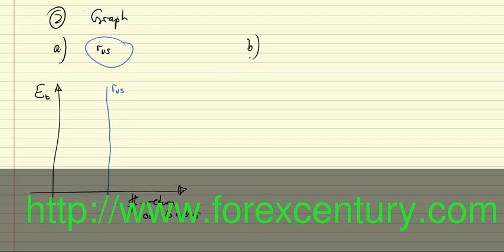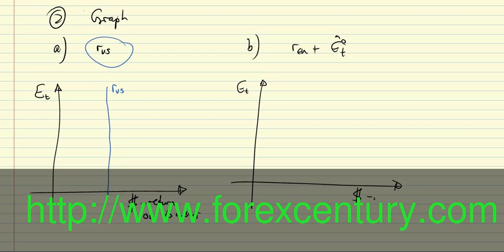Now second, we get REU plus E hat ET, and we're going to draw that in the same space with ET on the vertical axis and the dollar return on the EU asset on this axis. Now, in what sense does this sum depend on the exchange rate?